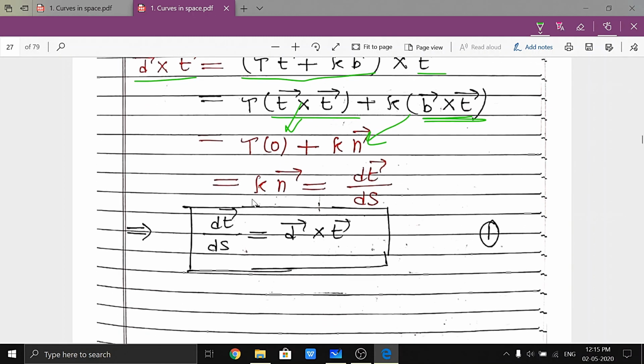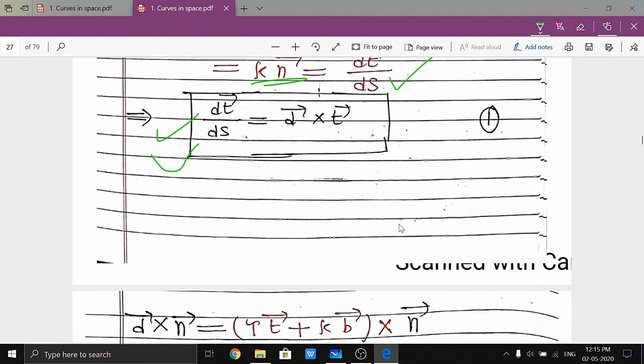So this will be kappa n vector, and by the Frenet formula that is dt by ds. So we get the first result. So it is easy to prove using the right hand side, not the left hand side.